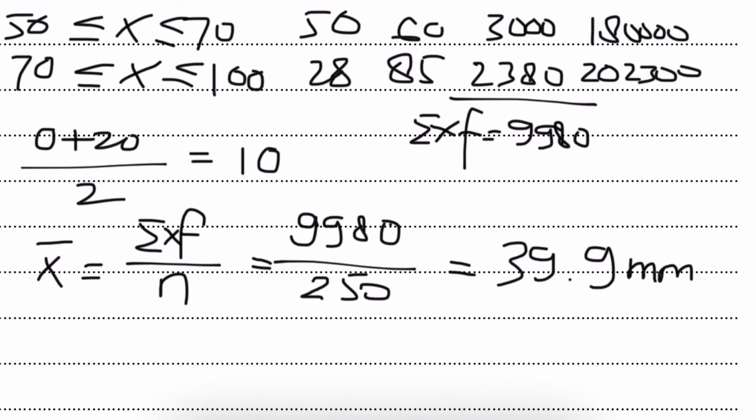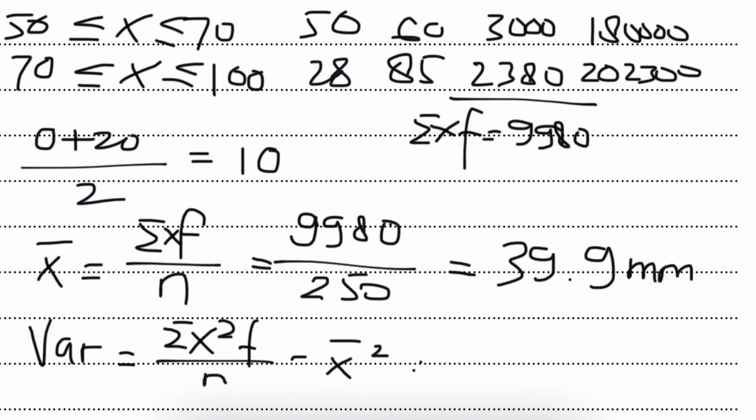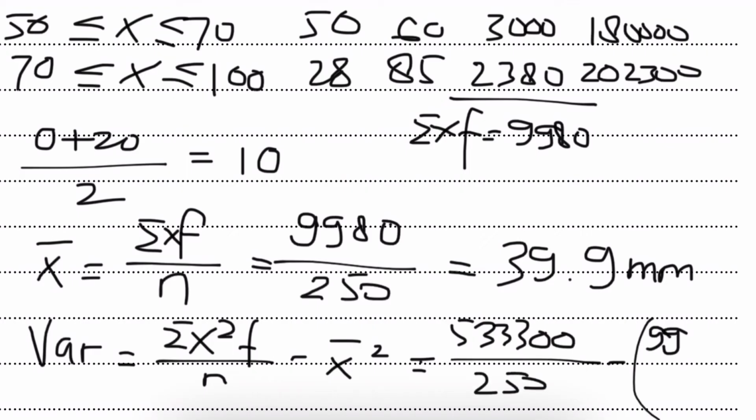Now to find the variance, what you have to do is to find the sum of x squared f divided by n minus the mean squared. So if you find the sum, it will be 533,300 divided by 250 minus 9980 divided by 250 squared.